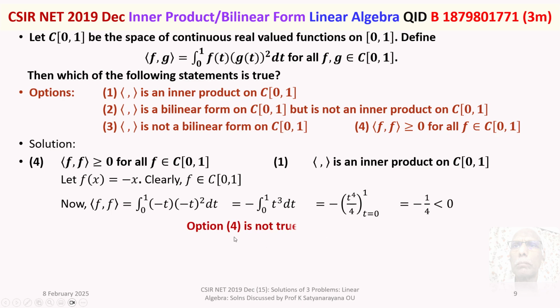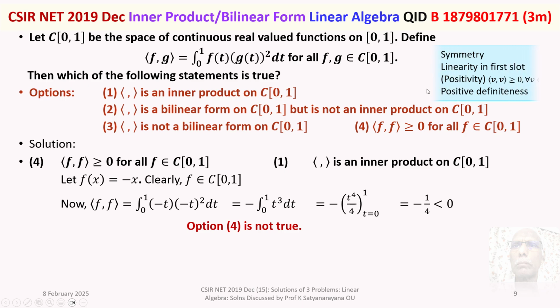Now, option 4 is not true. Straight away, option 4 is not true. But what is this condition? This condition is the positivity, the condition of positivity in the inner product definition. That is v comma v bracket is greater than or equal to 0 for all v belonging to V. And the bracket should satisfy symmetry, linearity in first slot, and positivity, positive definiteness.